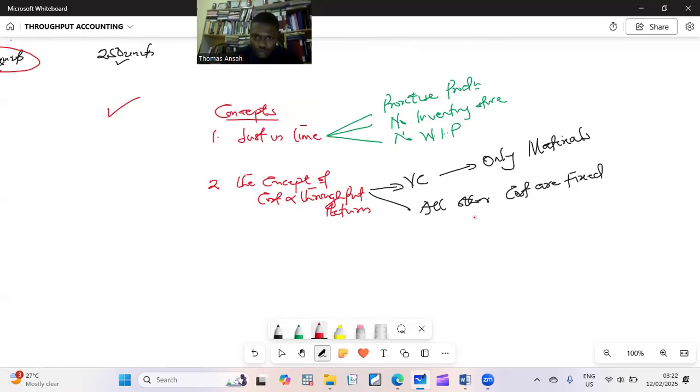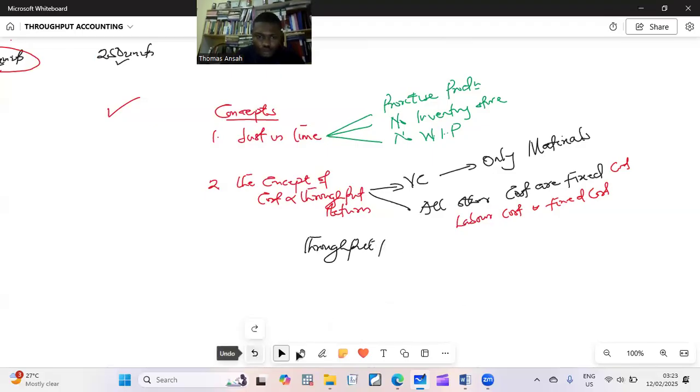So by this, we mean that labor cost is fixed cost. And so therefore, if I want my throughput return, or let's say throughput contribution, what do you think it is going to be?